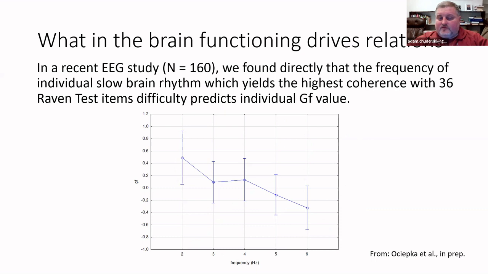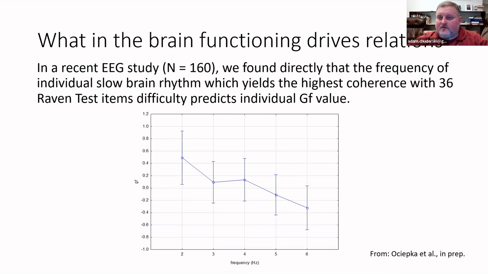There are 36 items in this test, and we recorded their EEG activity. And what we did, we looked for a slow brain rhythm whose activity is most strongly correlated with the difficulty of those 36 items.